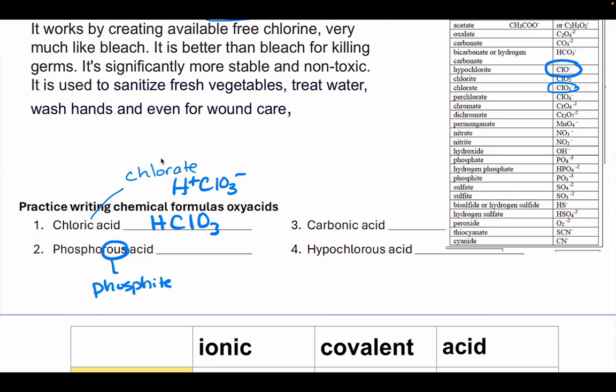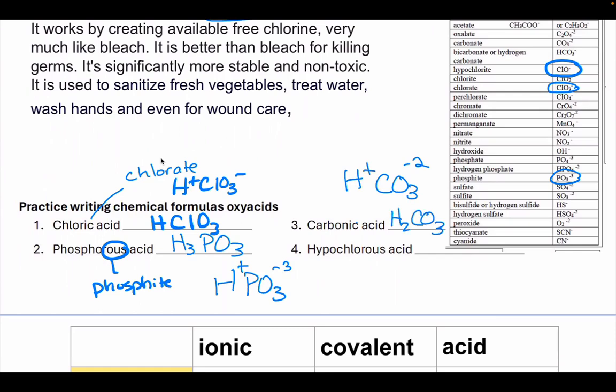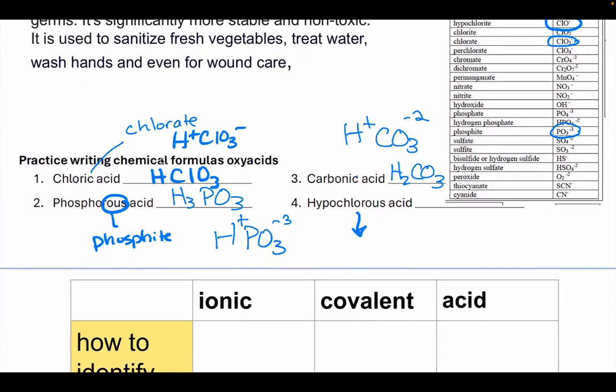It's hiding right here. So PO3 negative 3, so H3PO3. Carbonic comes from carbonate. Formula is H2CO3. And hypochlorous, we just did that one. We'll skip that one. It was HClO.